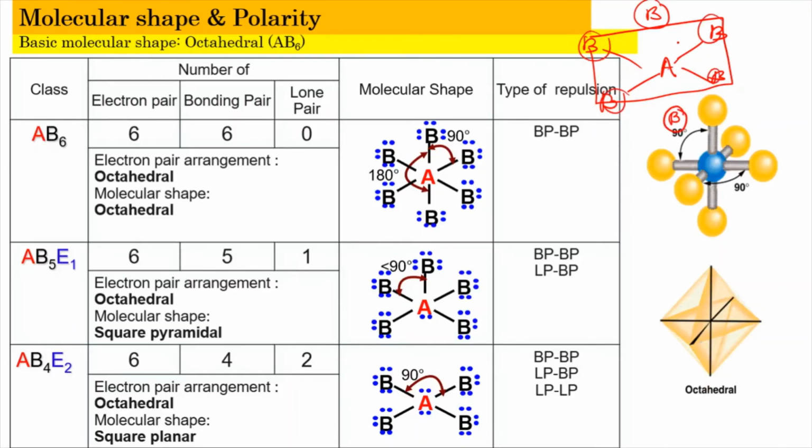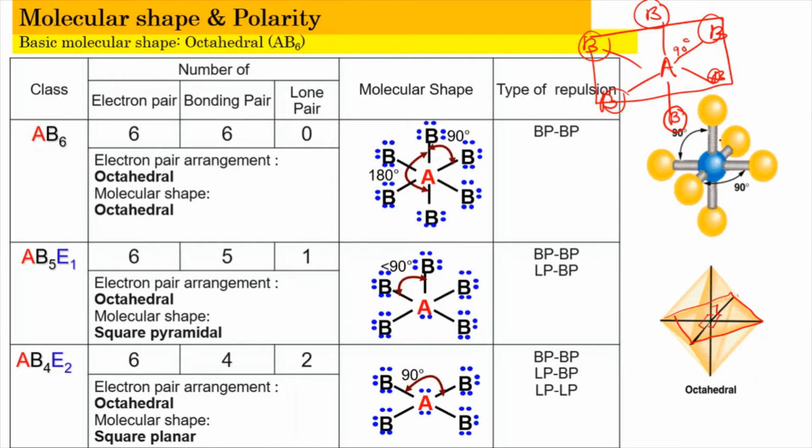So if you were to look at something like this, you're going to get the angle from one position to another to be 90 degrees. So the best way is to look at here. So you have a 90 degree angle here, 90 degree angle here, 90 degree angle here, and 90 degree angle here. And from the upper to the terminal atom here, the angle will also be 90 degrees.